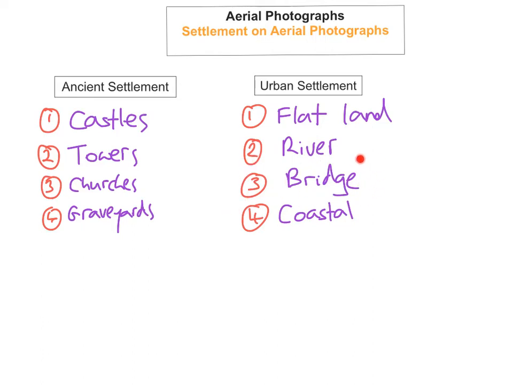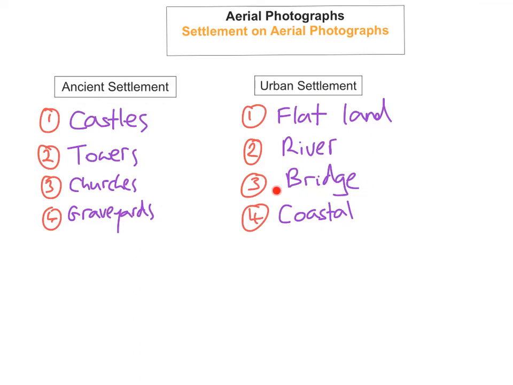Bridges too, because in the past a bridge might have been used as a bridging point. It would also have saved people having to travel all the way around a river if they could just cross over the bridge. So this was an ideal place to build a town or a city. And many towns and cities are built along the coasts, so you can find a lot of settlements along the coasts.